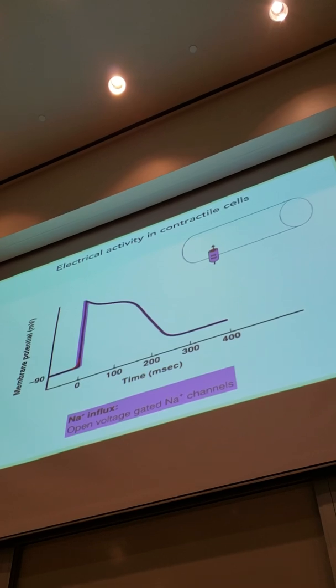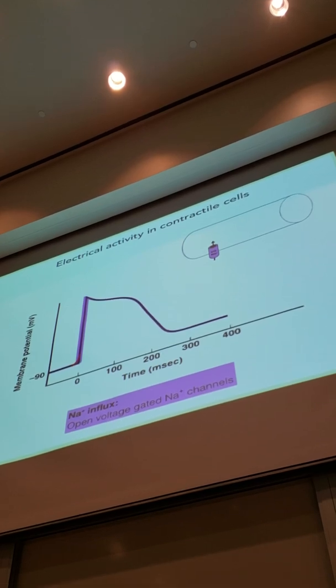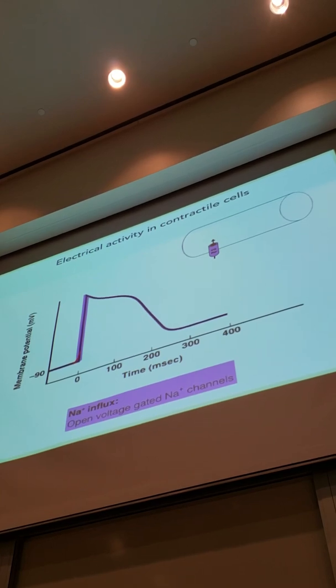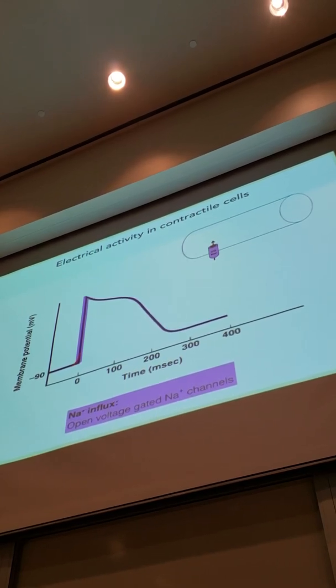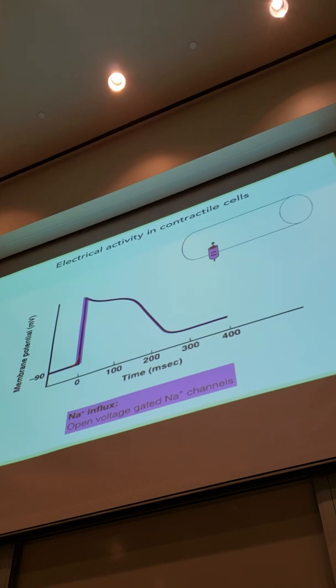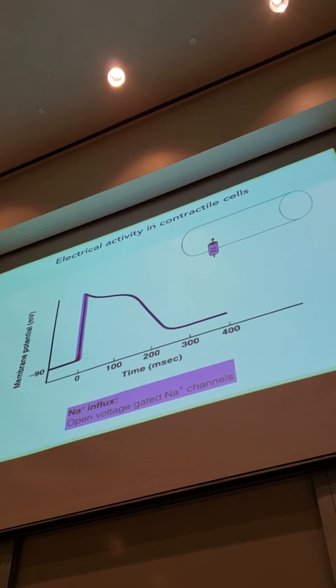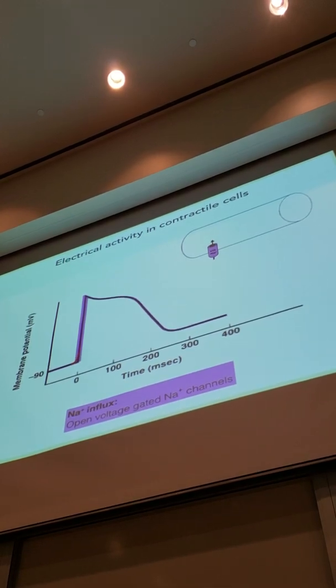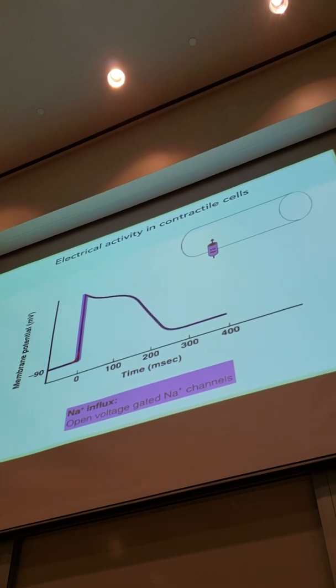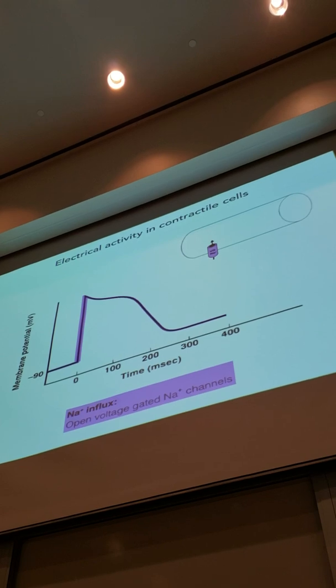But ultimately, it goes back to the SA node cell that started this action. So we've got the opening up of voltage-gated sodium channels, and the voltage-gated tells you that it's a voltage change that stimulates the opening, right? So the voltage change comes from an action potential that's moving across our heart. Any questions about that? Okay. All right.